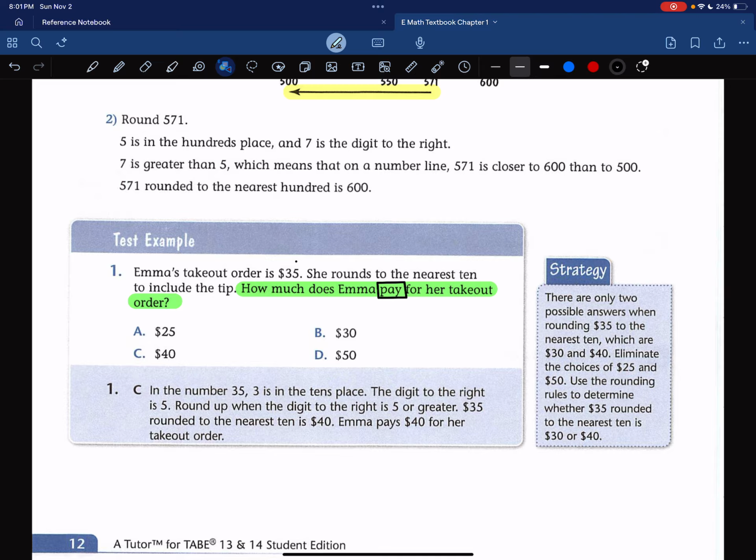We do see a number here. That's 35. I also see the instruction to round to the nearest 10. So I'm going to take that 35 that Emma paid, and I'm going to underline the tens place. The neighbor says to do what? Round up. So Emma pays $40 for her takeout order.